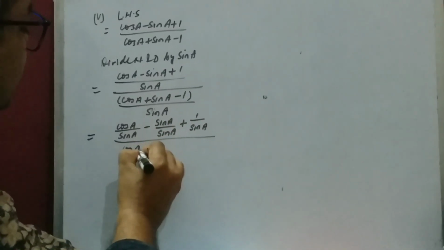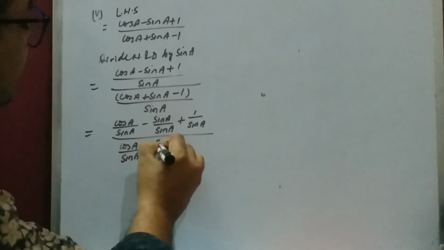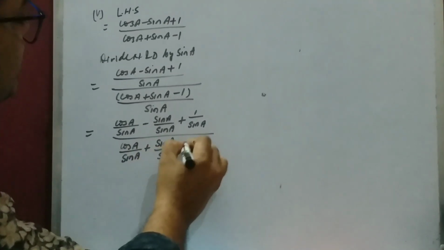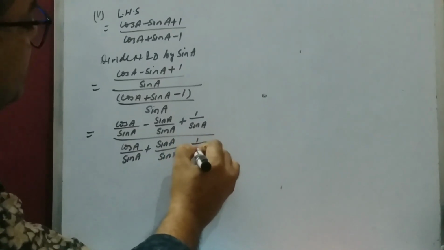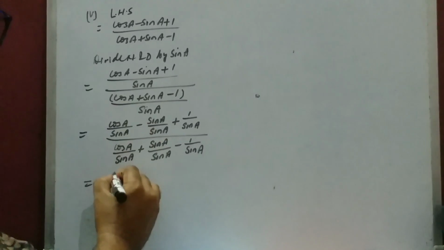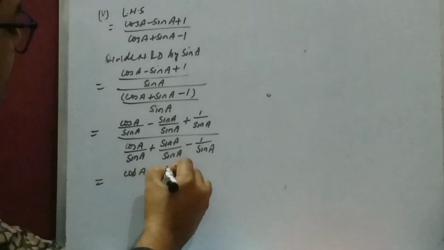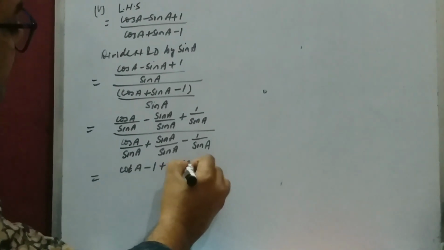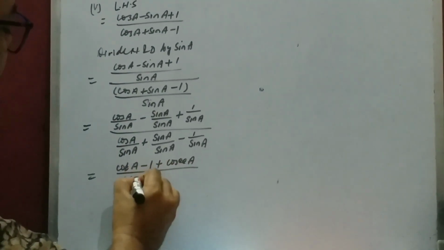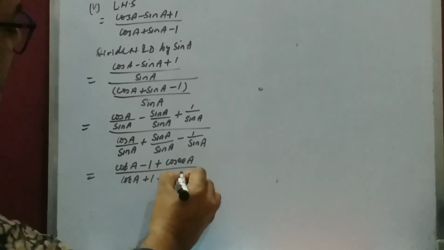This is cos A by sin A plus sin A by sin A minus 1 by sin A, and this becomes cot A minus 1 plus cosec A, and this is cot A plus 1 minus cosec A.